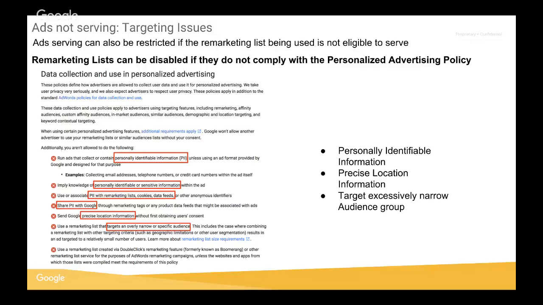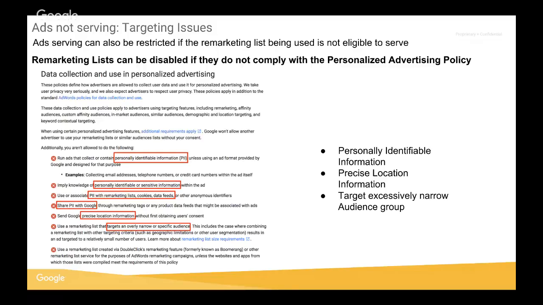Using remarketing lists for those kinds of products is actually against policy, because that is using sensitive personal information of a user to target them with some kind of healthcare. Essentially, you are using the knowledge that someone searched for a disease, and the knowledge that this person might have that disease, to then target your product to them. That is against our policy and a code of conduct and ethics.